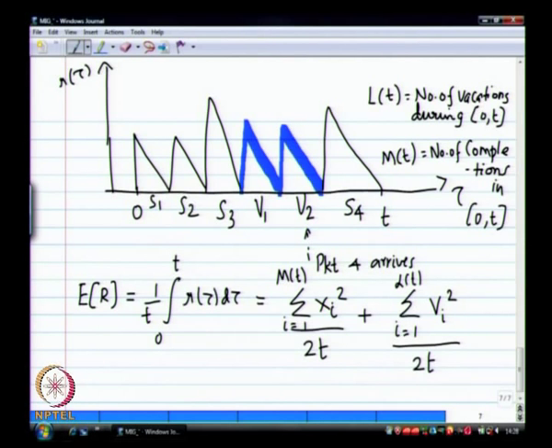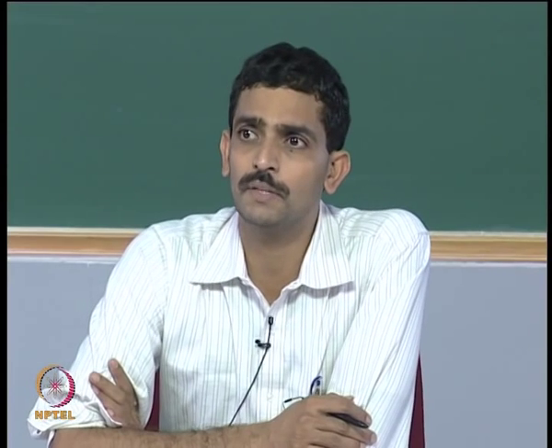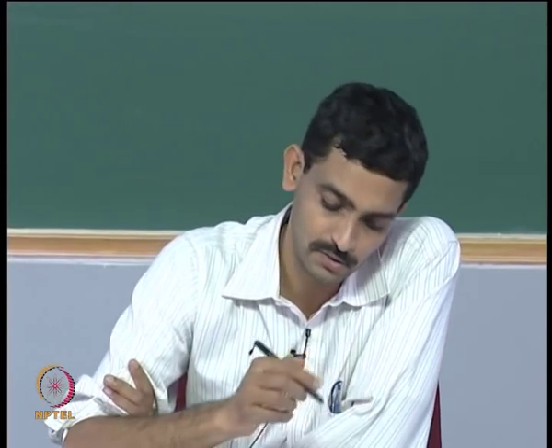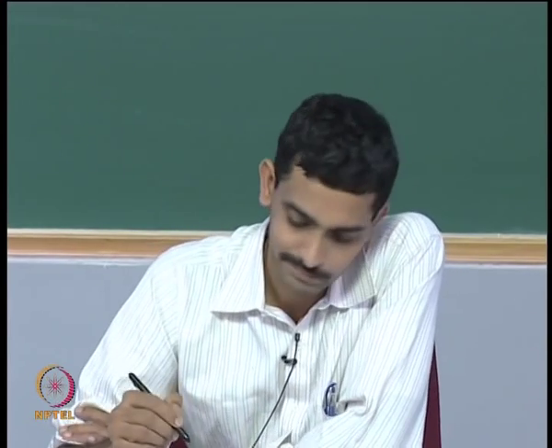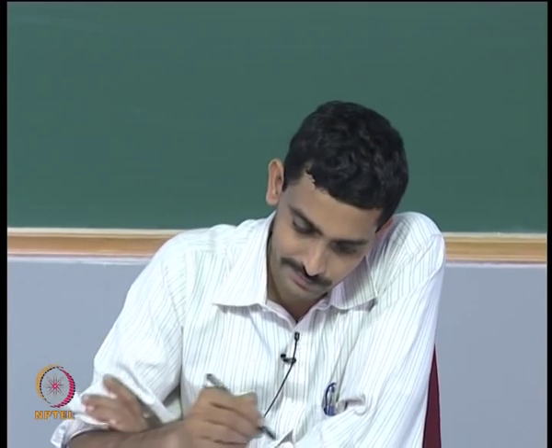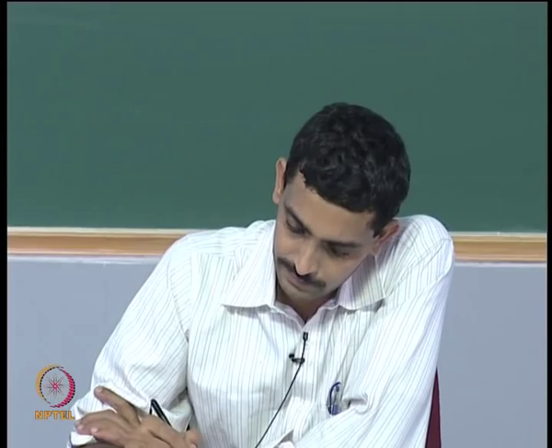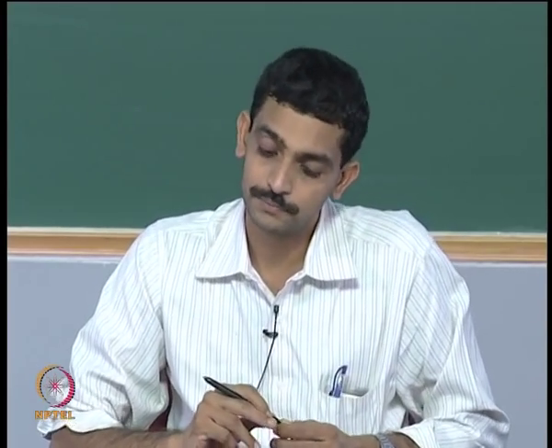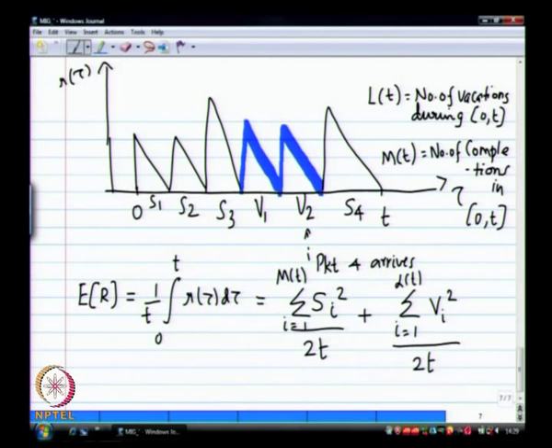So the first half of that we already derived last time, that is simply lambda E of s squared by 2. Did I say x? Sorry, that should be s. Then we remember we did M of t by t, and M of t by t was lambda. That is how we did it last time.